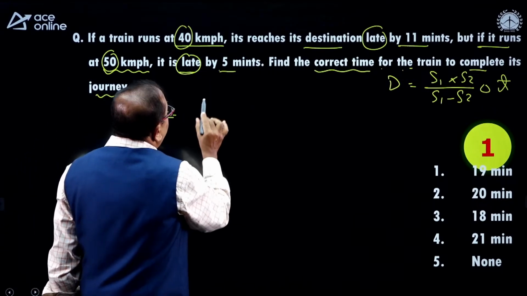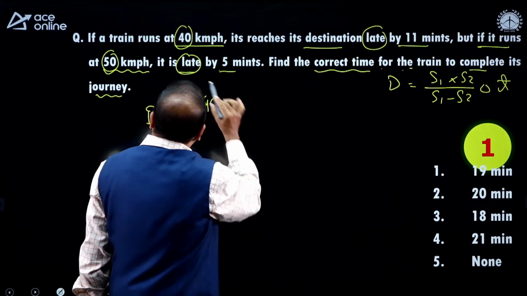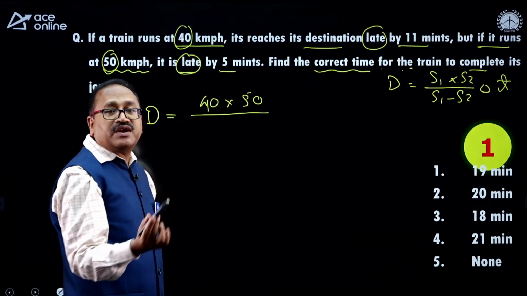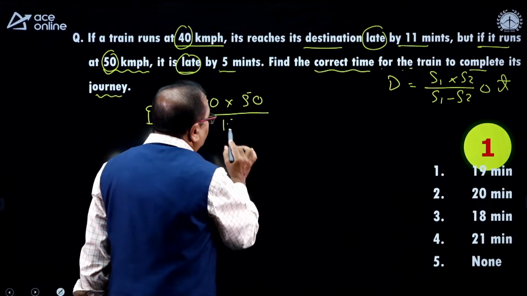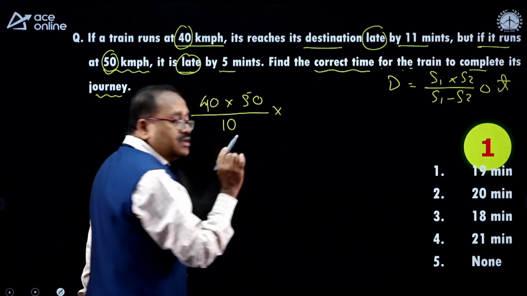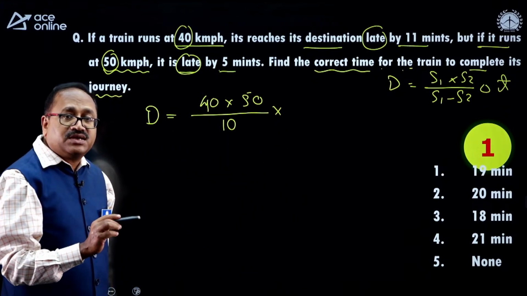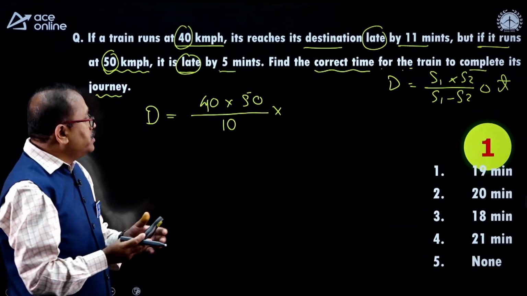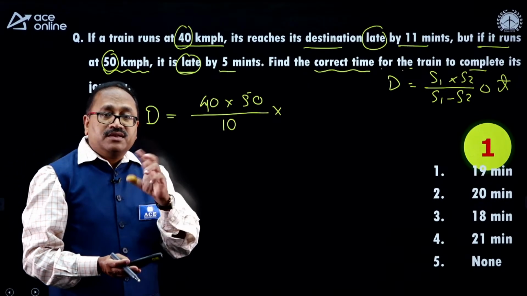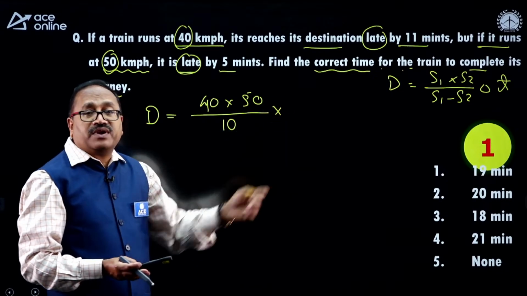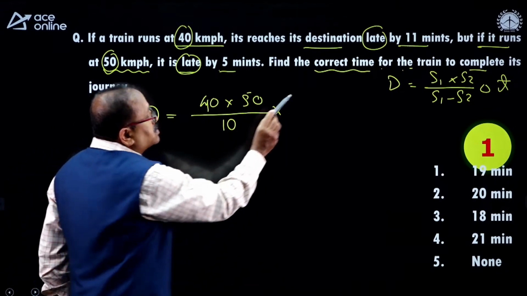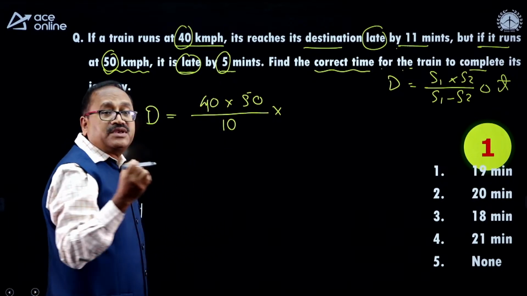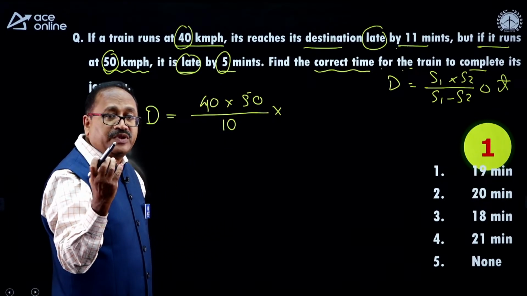In the first case the speed is 40 km per hour, and in the second case the speed is 50 km per hour. The difference of S1 and S2 is 10 km per hour, and here it represents multiplication. Why do we write delta time? That represents the difference of time. Here it was 11 minutes late, here it is 5 minutes late, so the difference of time is 6 minutes.